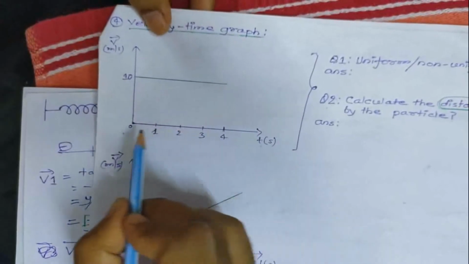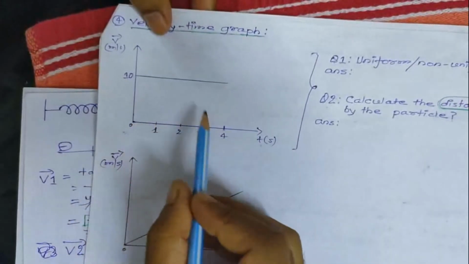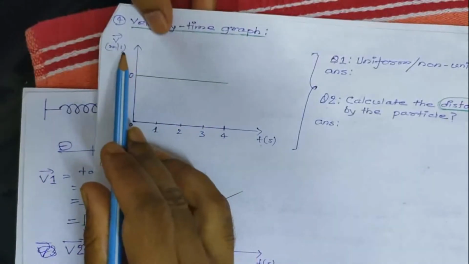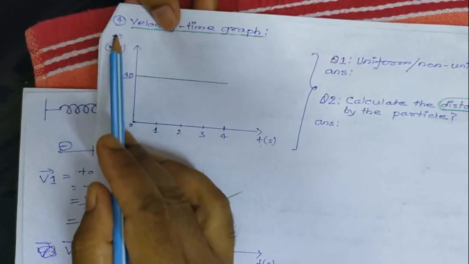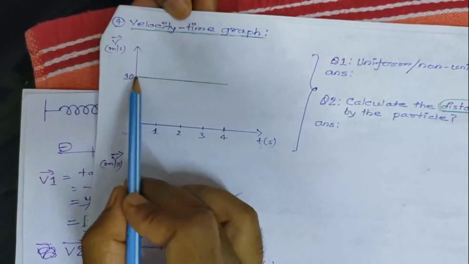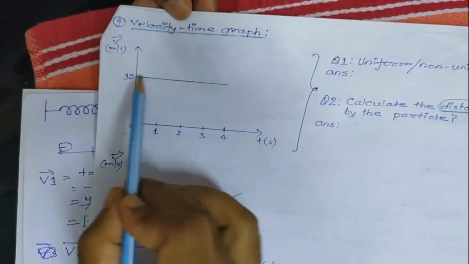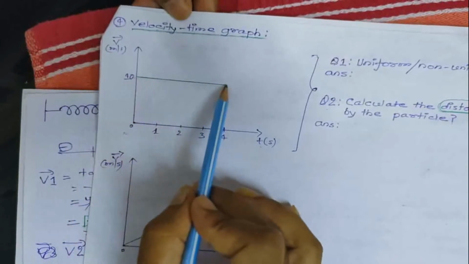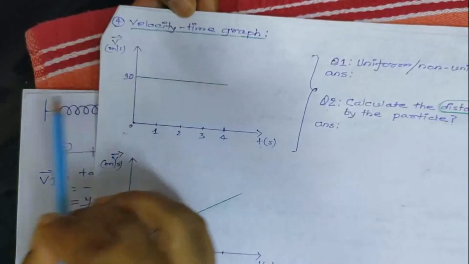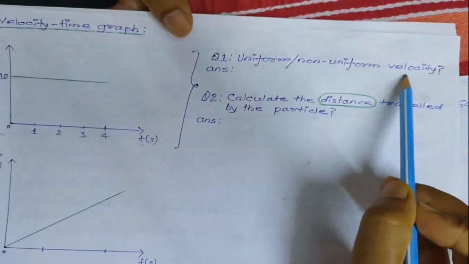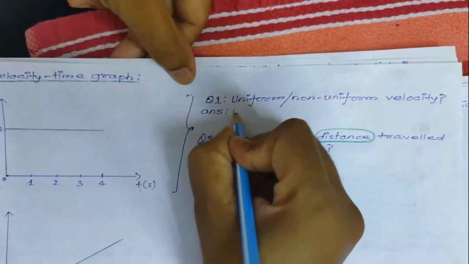You can easily say that the object has traveled with uniform velocity. See, this is a velocity. I put arrow mark over it. Object has traveled the distance with uniform velocity of 10 meter per second. Fine, absolutely fine. So if I ask you what is uniform and non-uniform velocity, so the answer is uniform velocity.